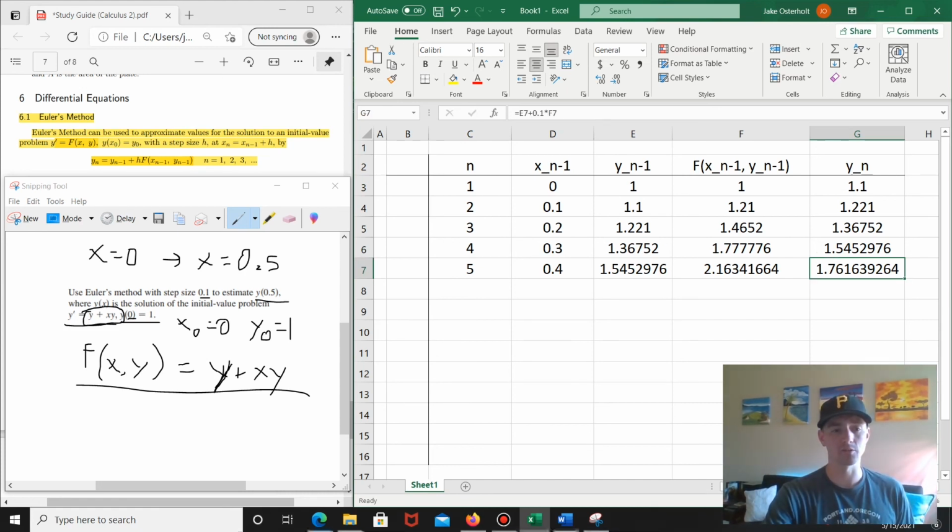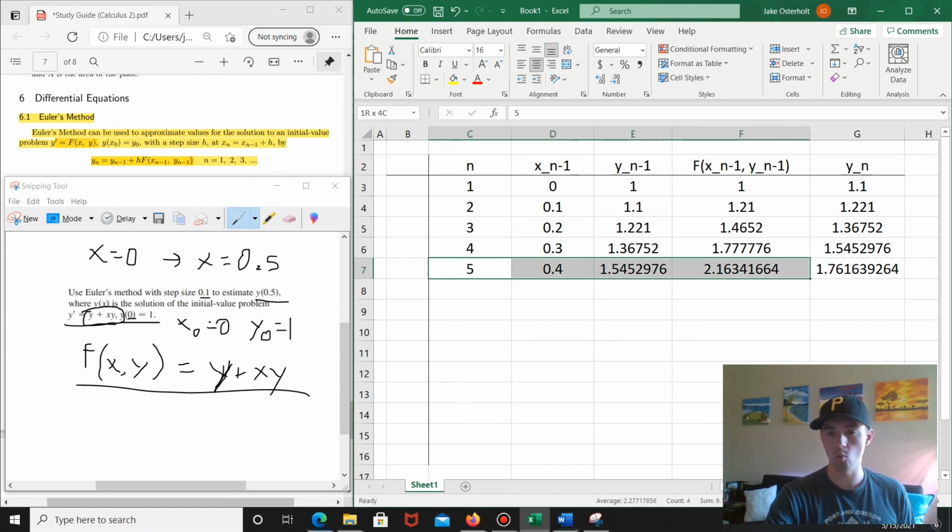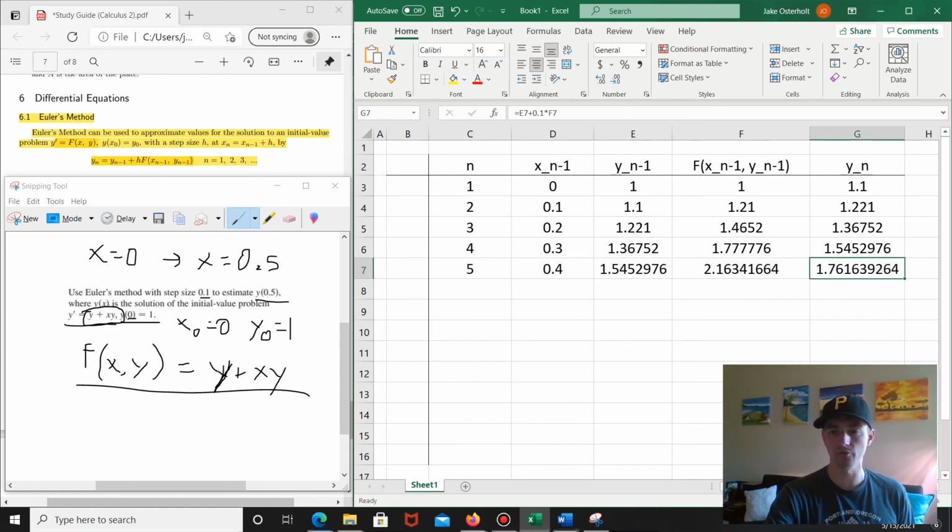And what that tells us right there is we just used Euler's method to estimate y of 0.5, which is just going to be y sub n when n equals 5 right here. Right? So this number right here, 1.761639264.